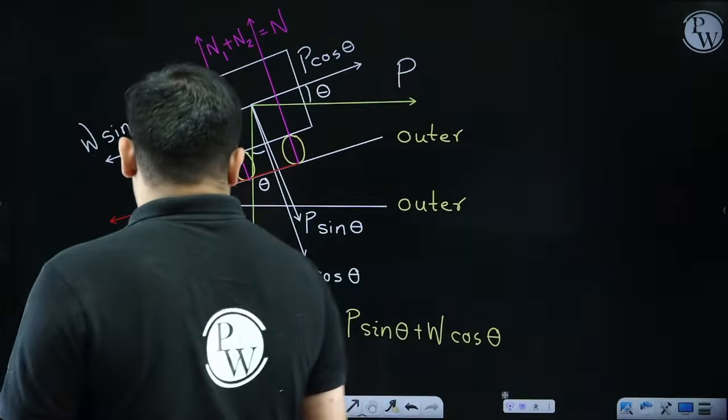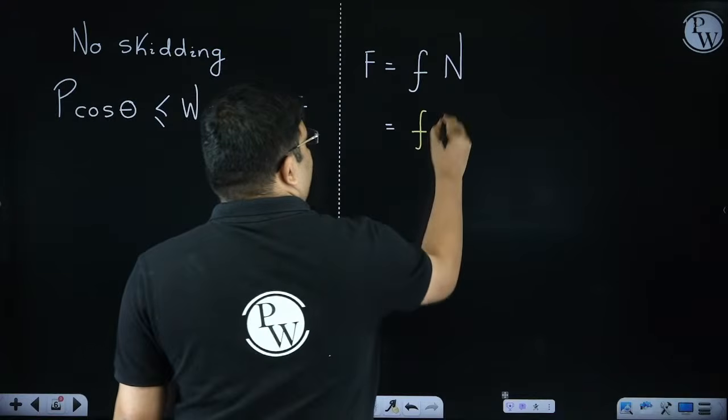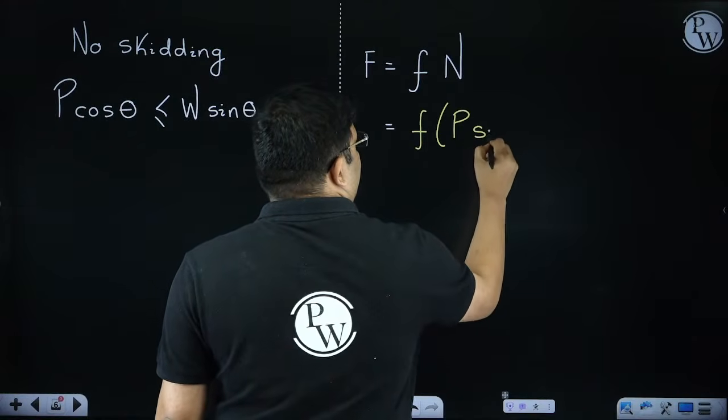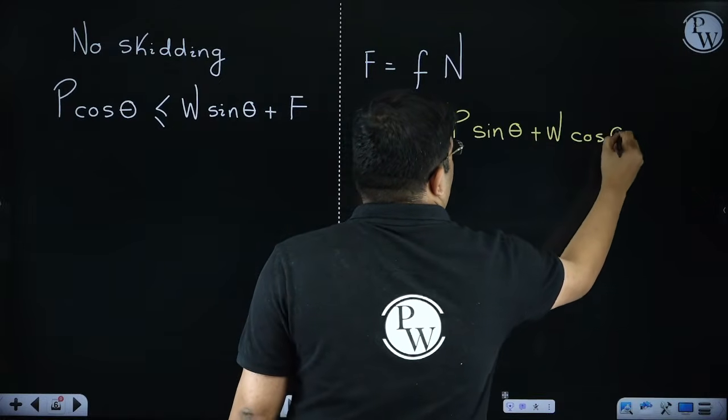Very nice. So now I can write F into (P sin theta plus W cos theta).